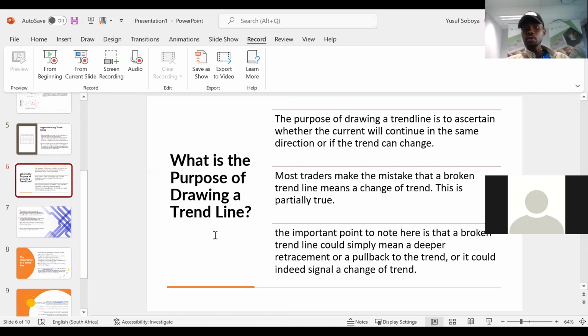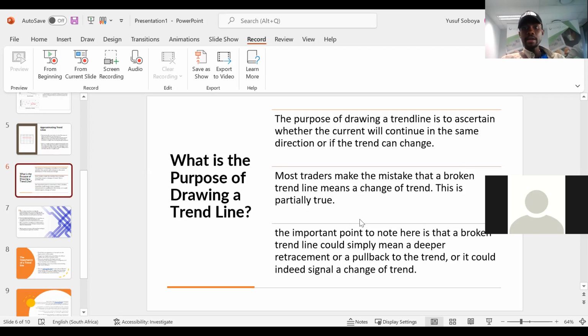So what is the purpose of drawing the trend line? The purpose of drawing the trend line is to gauge whether the current trend will continue in the same direction or if the trend can change, right? The purpose of drawing those lines is to understand whether it will continue the same trend, or anytime soon it will change direction.